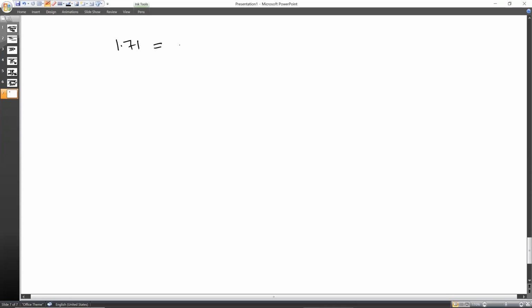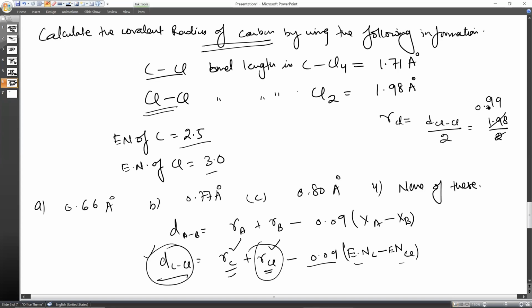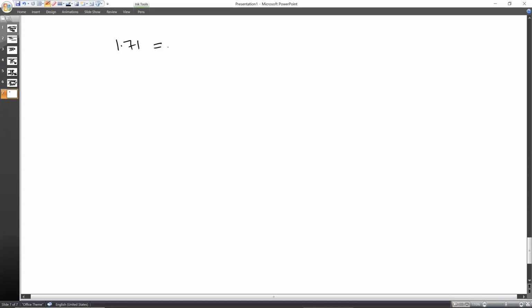1.17 is equal to 0.99 plus the radius of carbon, which we need to find out. We have put in this radius of chlorine. Okay, got it? Minus 0.09 into 3.0 minus 2.5.